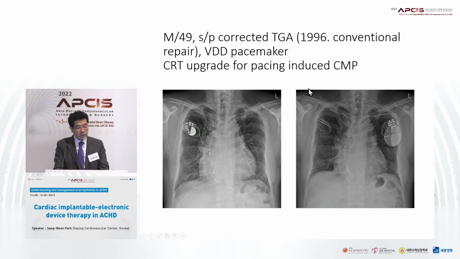And I'd like to show some CRT cases in congenital heart disease. It is a corrected CCTGA, and she had a pacemaker at that time, but she showed some ventricular dysfunction. So we did a CRT system at the contralateral side of the previous pacemaker, and we implanted the pacing shunt lead, RA lead, and the LV lead by coronary sinus.